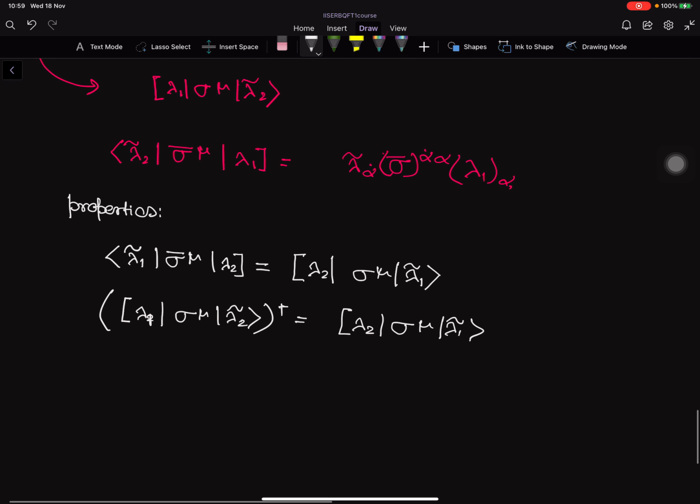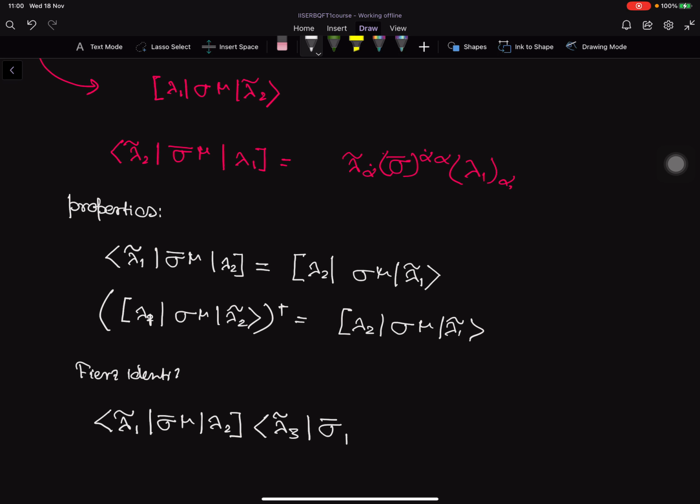And there is another very important identity, which is called Fierz identity, which is lambda 1 tilde sigma bar^mu lambda 2 square bracket, and then lambda 3 tilde sigma bar_mu lambda 4.